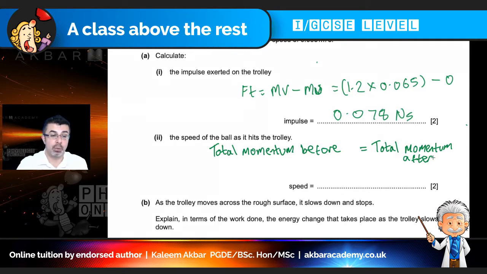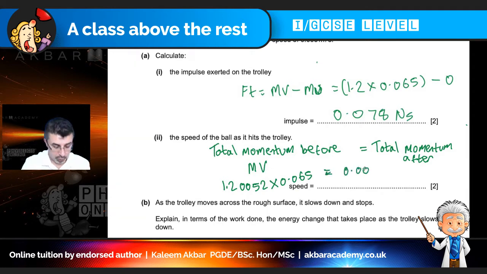So what we've got is mass times velocity, and after it hits into the trolley, the mass is 1.2052 kilograms times 0.065, which equals the mass of the ball, which is 0.00052 times v.